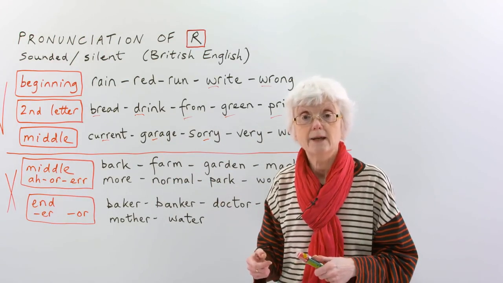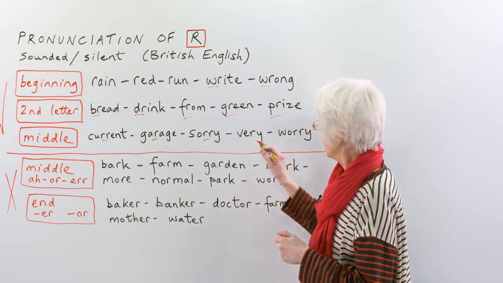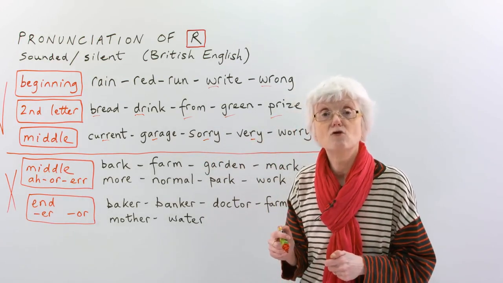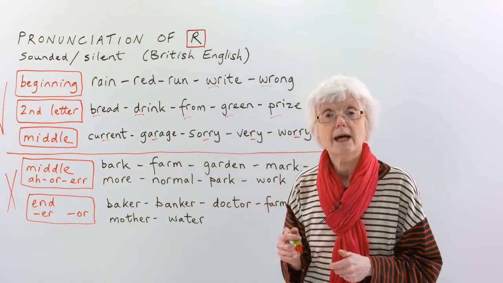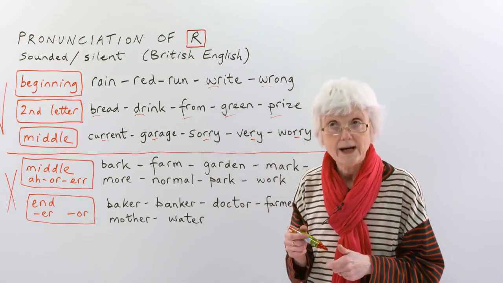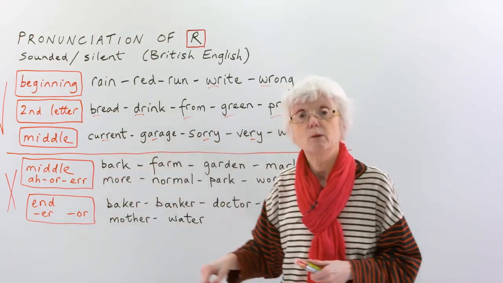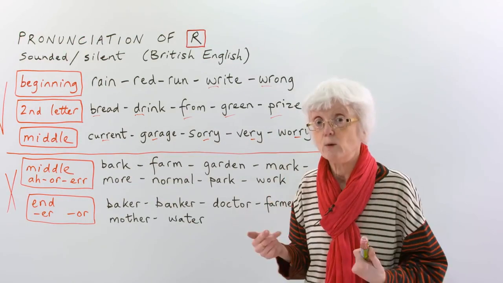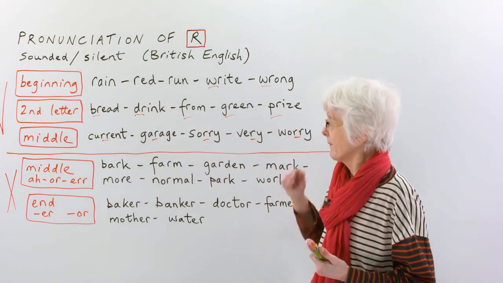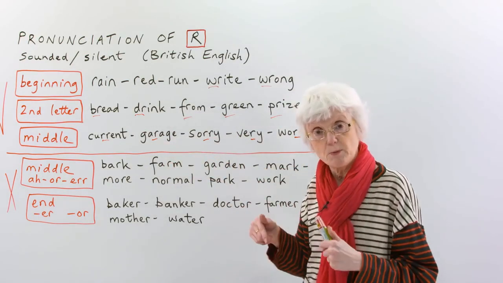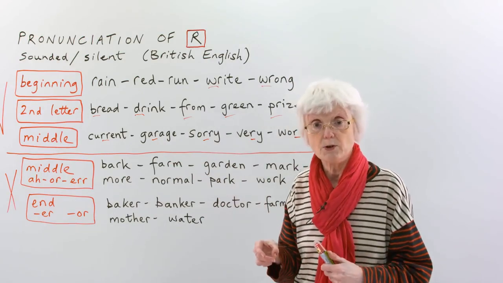And very, second syllable. And worry, second syllable. So that's where the R is in the middle and it's still sounded in the same way for all of those three.